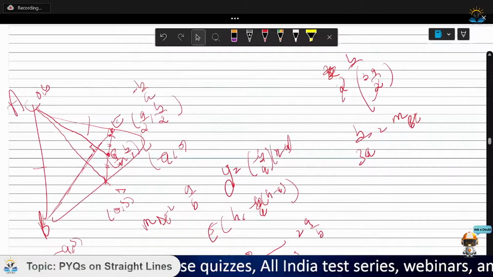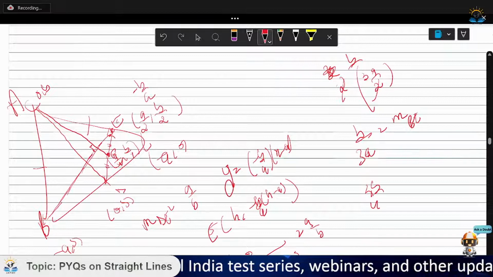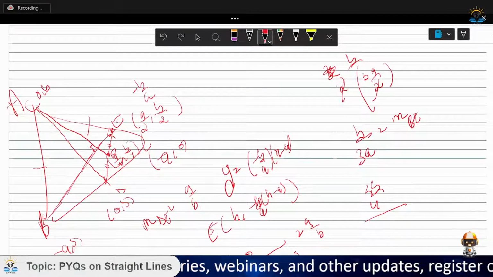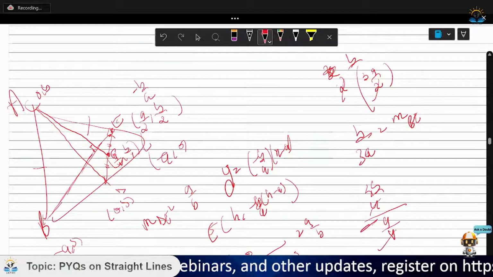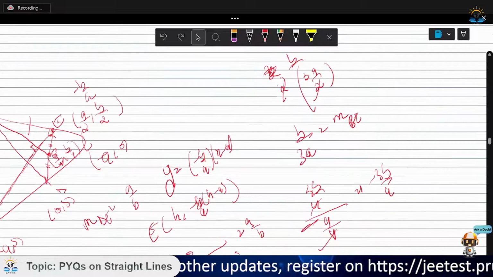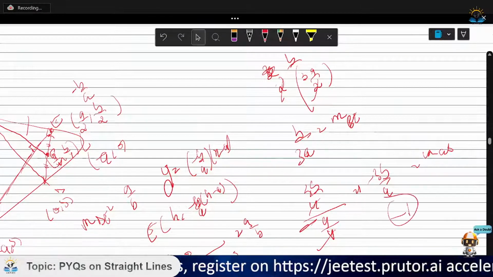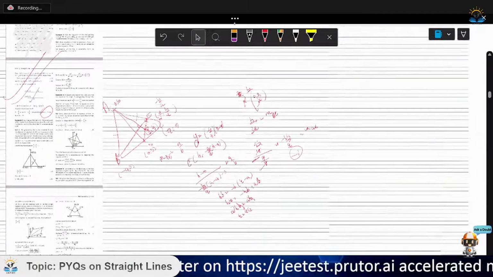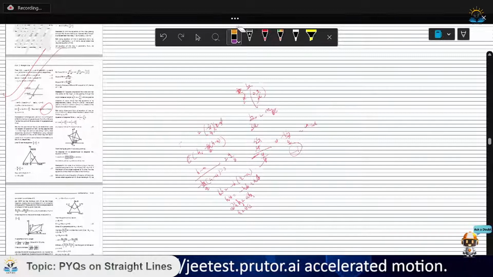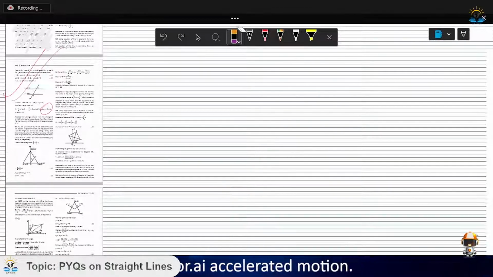And now M of AF would be equal to 3B by 4 upon minus A by 4. So 4 and 4 get cancelled. This gives me minus 3B by A as my M of AF. And on multiplication, this gives me minus 1. So these both are perpendicular. I hope you get it. It was a very easy, direct solving question. You just had to assume some variables and then calculate the different coordinates.